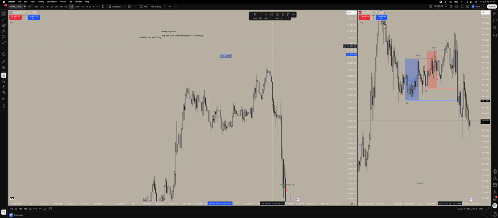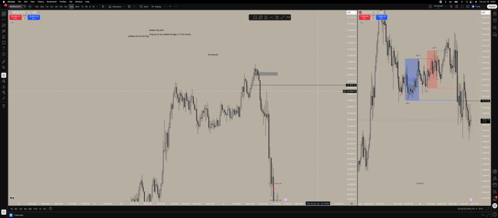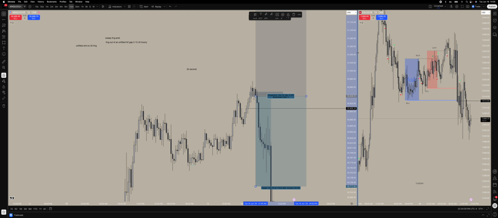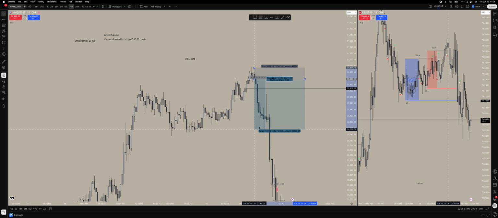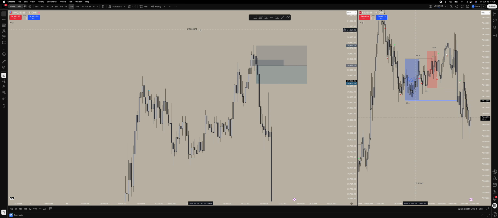And let's say I'm fading a 1 minute. Let's say there's a 30-second here, and there's a 1 minute here. This would be my BE point. If I'm taking a 30-second, anticipating the move is going to go lower or higher, I'm going to break even at the first unfilled gap, whether that's a 1 minute, a 2 minute, or a 3 minute.